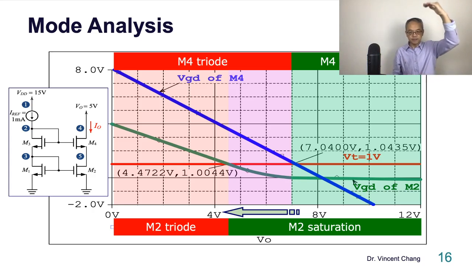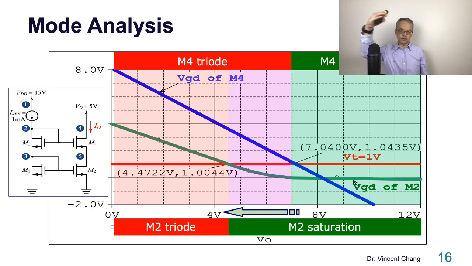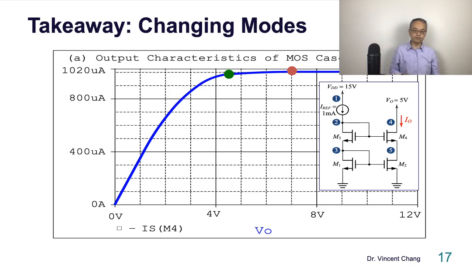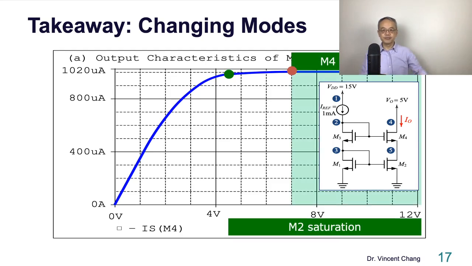Again, let's do it again. So saturation, when VO goes down, triode, saturation, and triode. So here's the takeaway. You have to have the sense of the changing mode. Very likely they do not fall into triode region simultaneously. So someone is going to fall first.